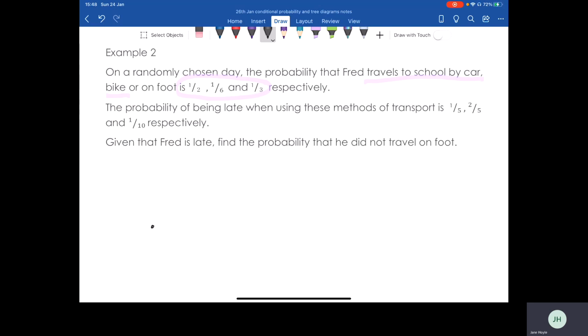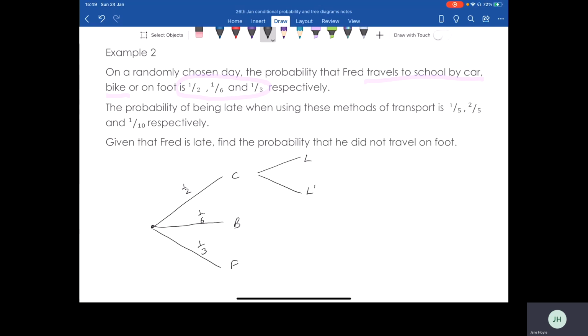The first thing we need to do then, when we draw our tree diagram, I have got my 3 different transport options here. So I've got car, bike, or on foot, and the probabilities are 1/2, 1/6, and 1/3. So now we have the late and the not late option on each of these. So I shall put late and late dash for not late.